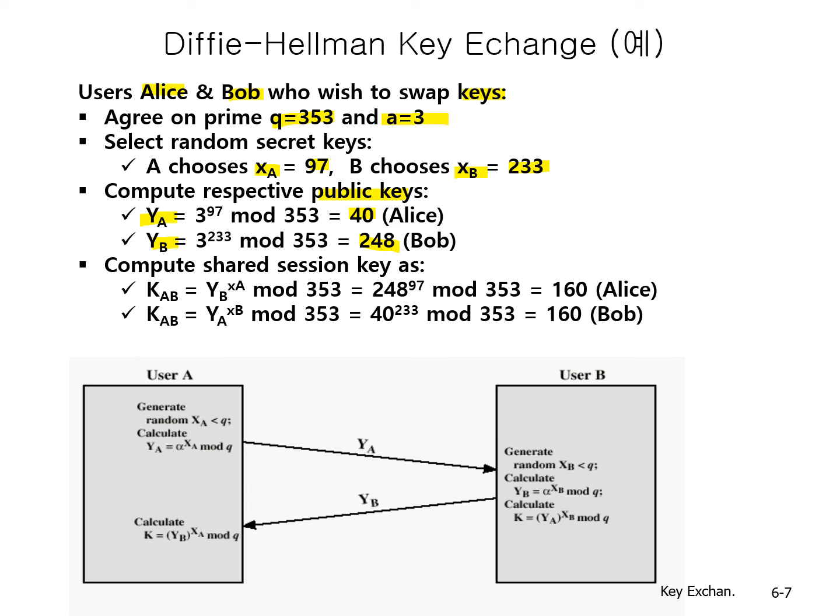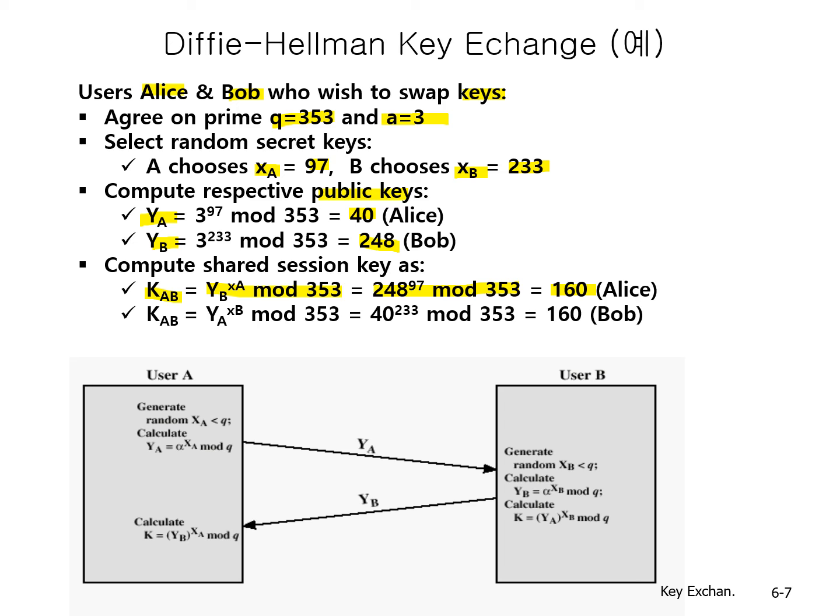Then they compute the session key. Alice, using the public key of Bob, computes the key like this, resulting in 160.